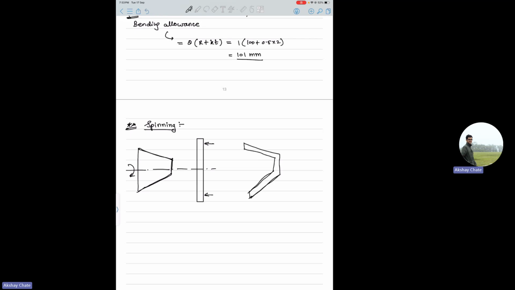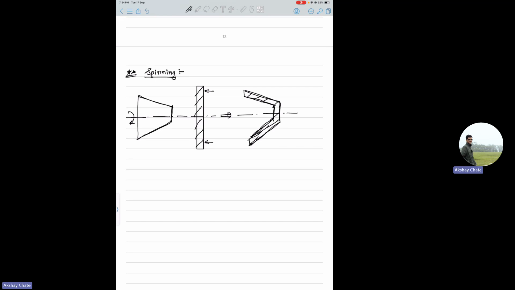Forgive my drawing, but I hope you get the idea, because when that pierces, or pushes inside this sheet, finally you will get the product like this. And this is called spinning.